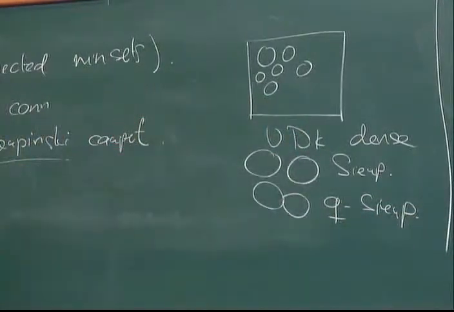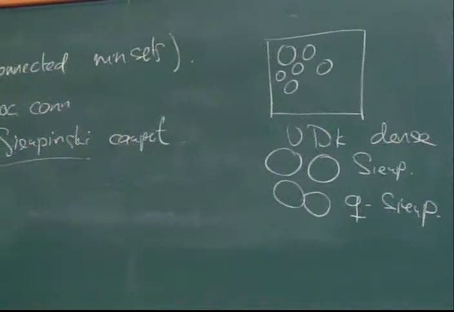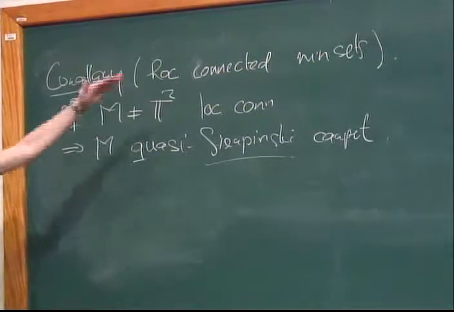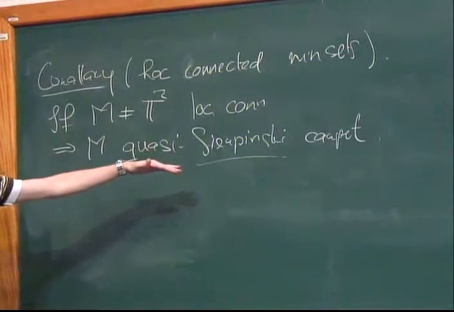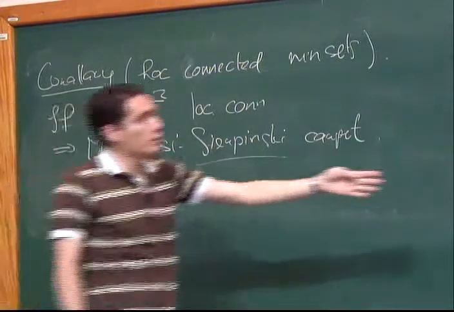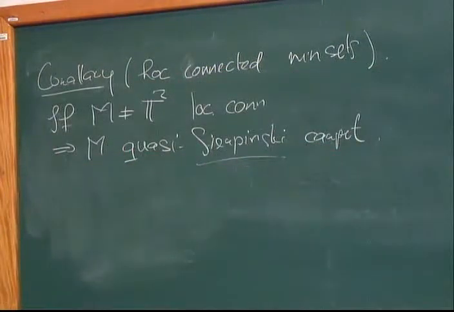And again, that can all happen, and that would still be locally connected. But anything more than that, you're out of the game, basically. So this is everything that remains if you want your minimal set to be nice locally. And again, if you look at the list, it's almost obvious.